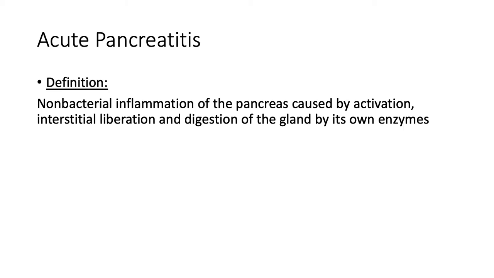We have something that activates these enzymes into the actual enzyme. So what activates them? Yes, we have the acid coming from the stomach. We also have the trypsin. Trypsin is the enzyme of the pancreas.